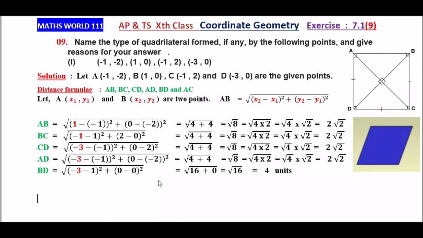Just simply substituting these values x1, y1, x2, y2 in the distance formula, we get AC. So AC is equal to square root of (x2 minus x1) whole square, AC. So A is here and C is here, x2 minus x1. So minus 1 minus of minus 1 whole square plus (y2 minus y1) whole square, AC.